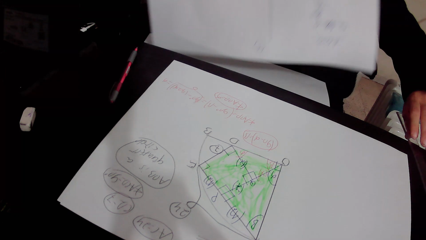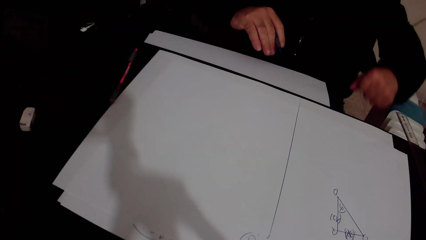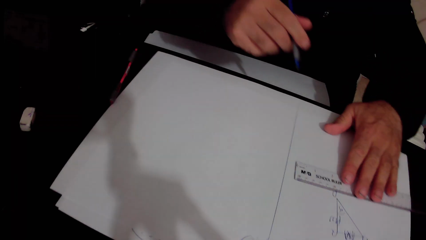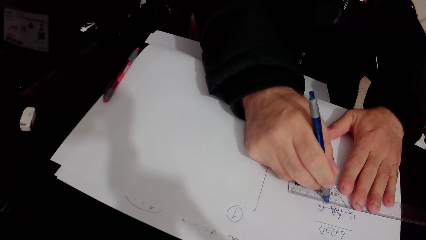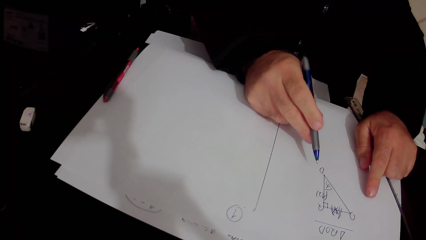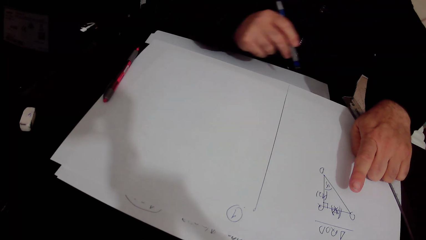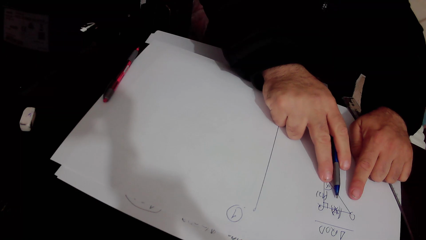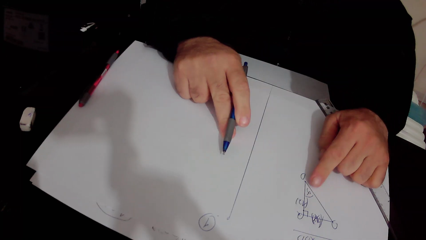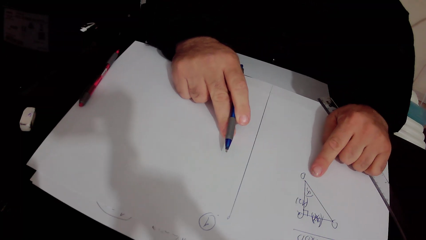Actually, this is the right triangle QOD that I copied from the original drawing. This angle equals 90 degrees, of course. Again, QO equals X according to our definition. QD equals 12 units, and the angle QDO equals alpha.